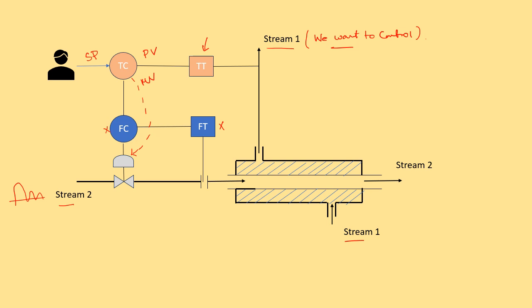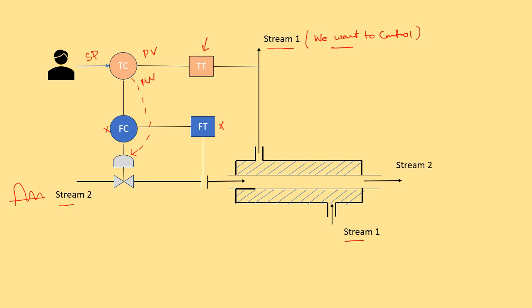In that case, if there is a flow fluctuation, there will obviously be a change in the temperature, but the actual change in the process will take some time, and then the transmitter needs to measure it, and then the signal will go to the controller, and the controller will act upon the differential between the PV and SP.